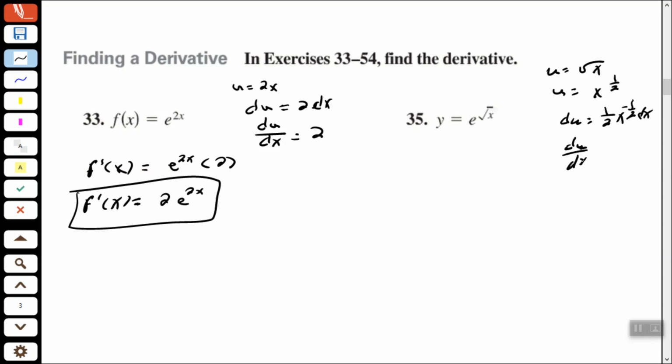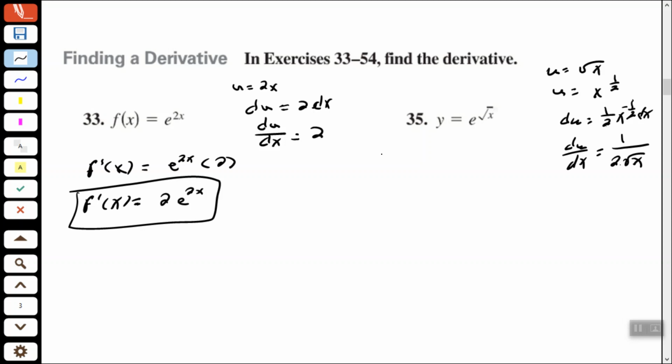So du over dx is equal to 1/2 x to the negative 1/2. Let's just go ahead and rewrite it. So that's 1 over 2 times the square root of x. I have the 2 in my denominator from the 1/2, and the negative 1/2, I just move that down to make that exponent positive.